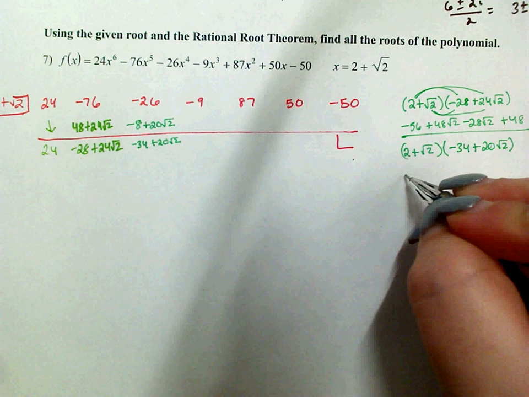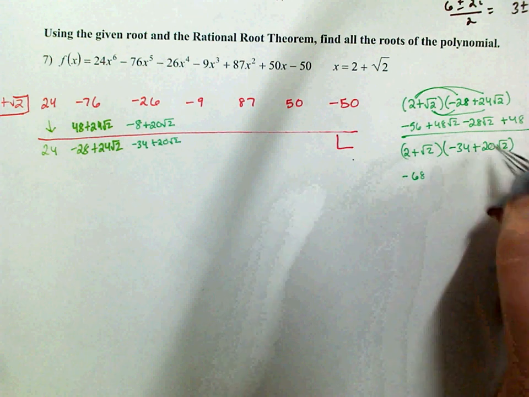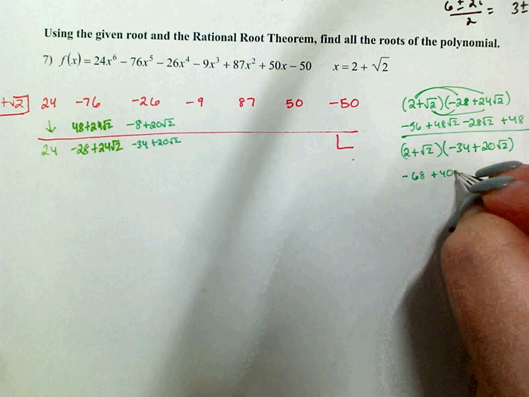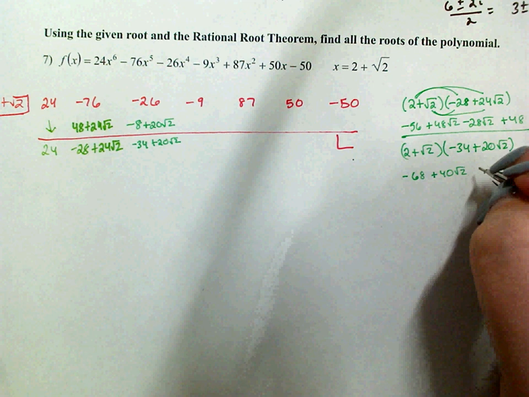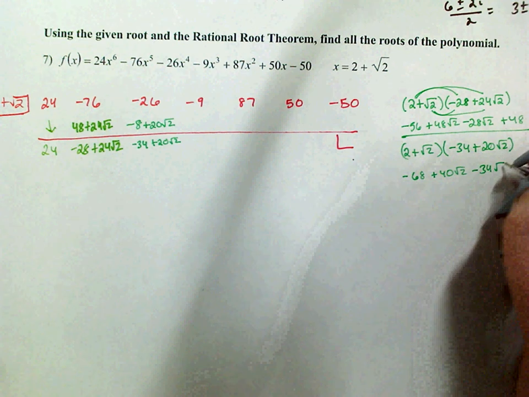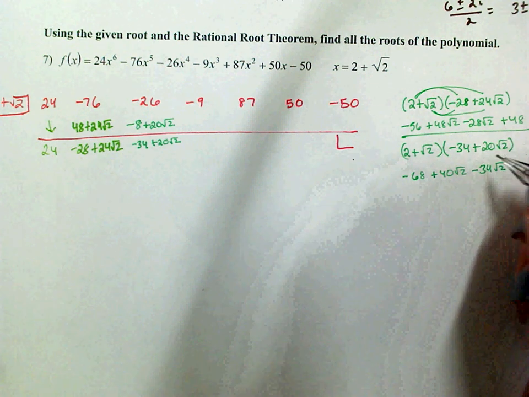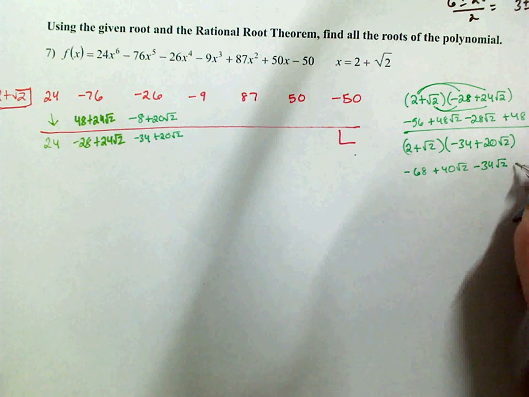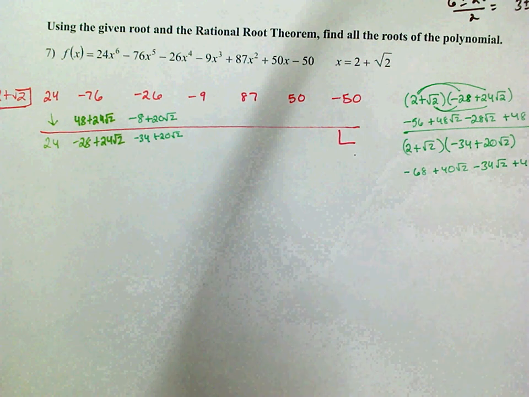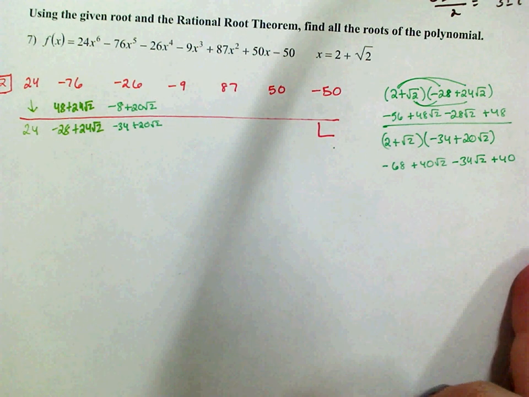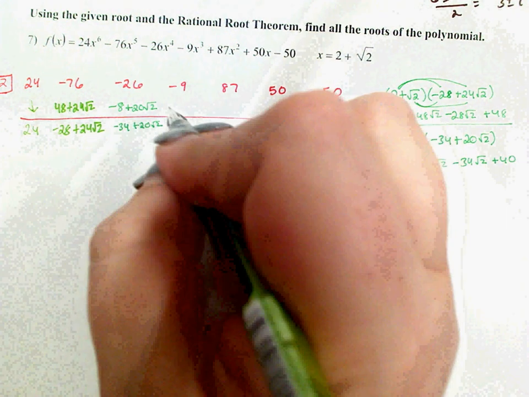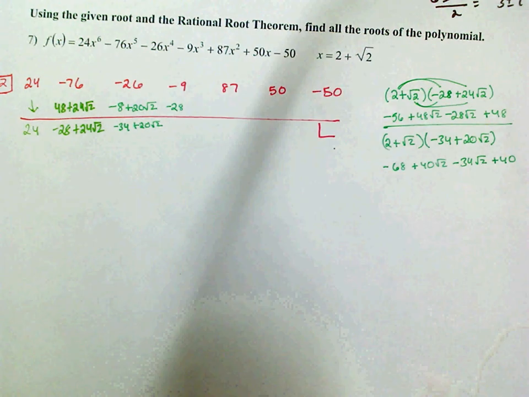Negative 34 times the square root of 2 is negative 34 square root of 2. And square root of 2 times 20 square root of 2 is 20 times 2, which is 40. So negative 68 plus 40 is negative 28. I did not make myself number. And then 40 square root of 2 minus 34 square root of 2 is 6 square root of 2.